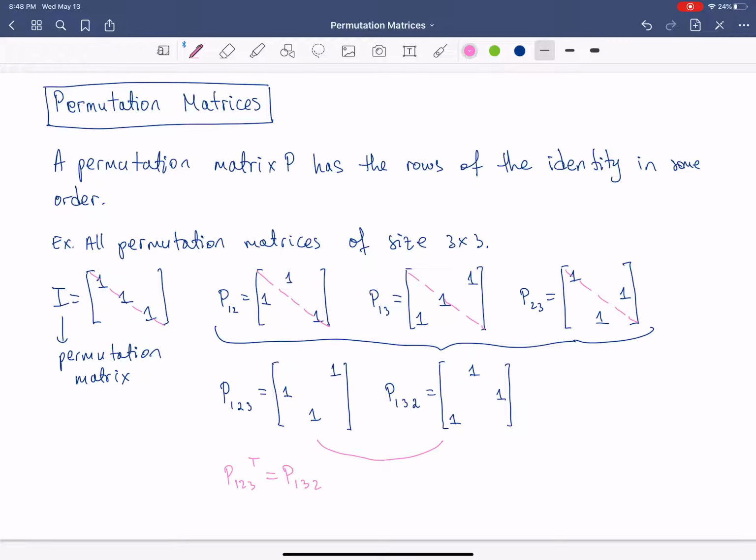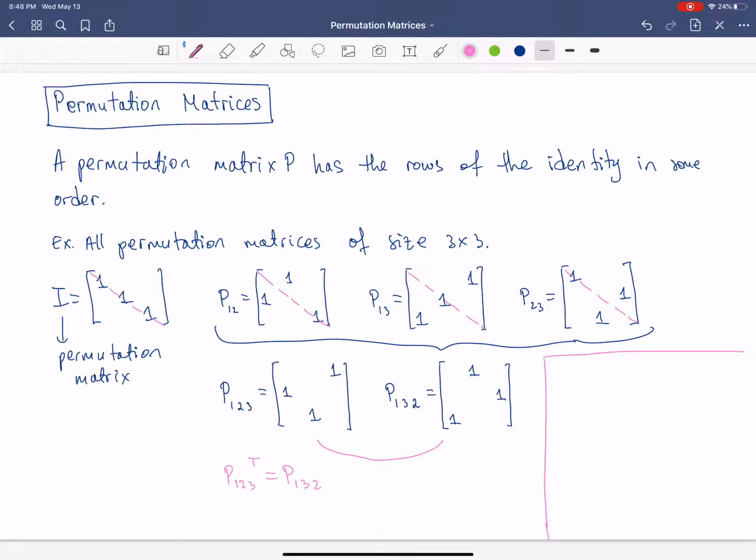The interesting thing here is that for a permutation matrix, remember, a permutation matrix rearranges the rows of the identity. Well, then its inverse is supposed to put the rows back, which is another way of rearranging the new matrix. So the inverse of a permutation matrix has to be a permutation matrix.